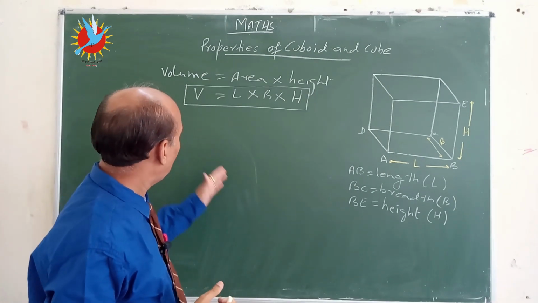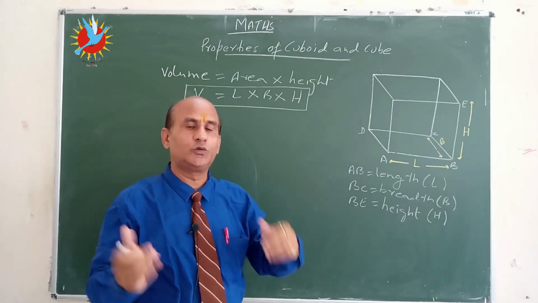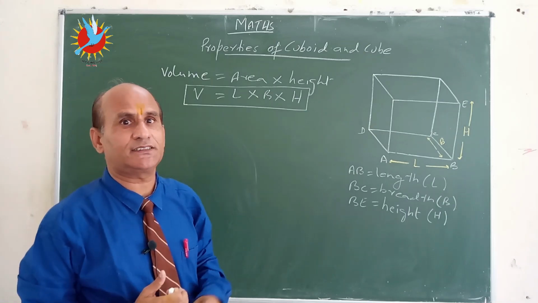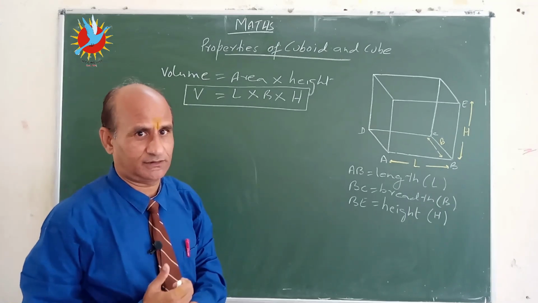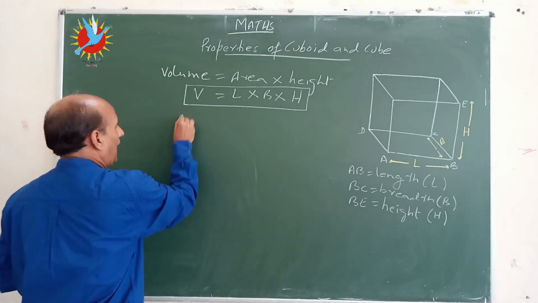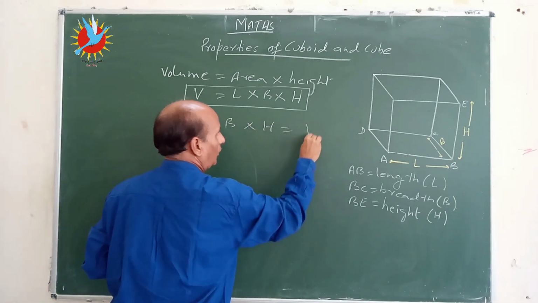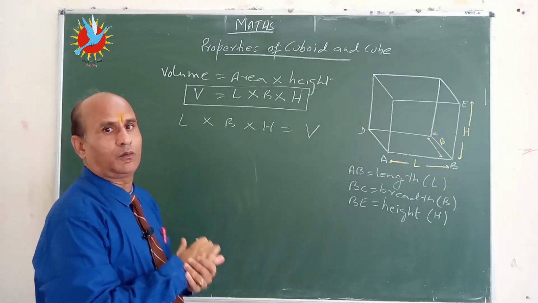Now let us see how to fix the unit of the volume. Since volume has 3 factors, L, B and H, they become volume.